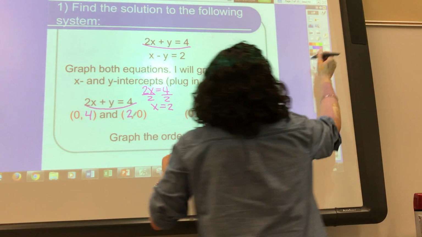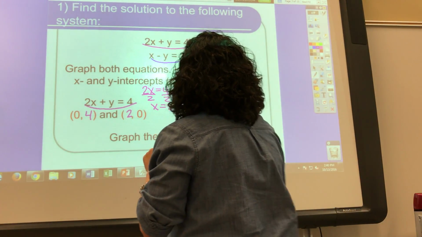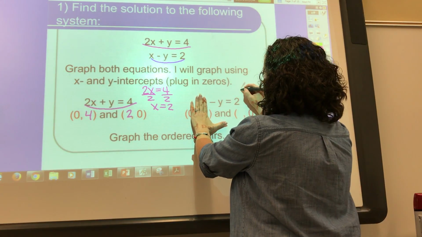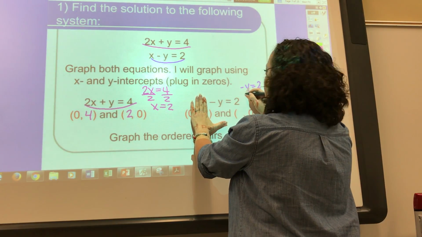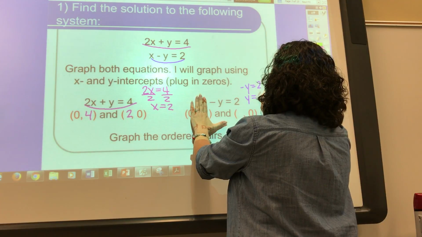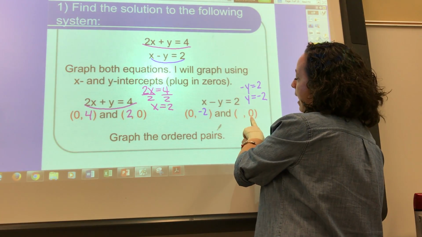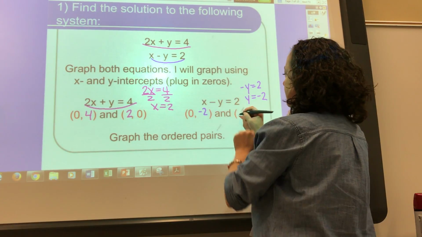The second line is this, and I let x be 0. I get negative y equals 2. I divide by negative, or multiply by negative, and I get y equals -2. I let y be 0, and x is 2.